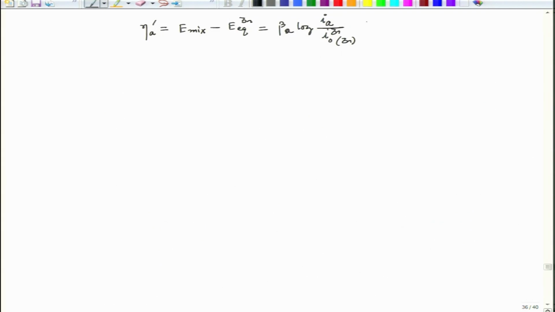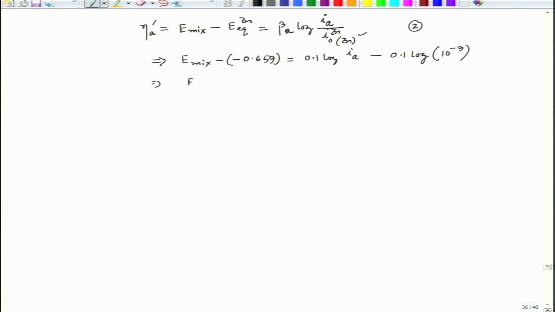So, in fact, I can write it, that means this is equation 2, which I can simplify: E_mix plus 0.659 equal to 0.1 log of I_A minus 0.1 log of 10 to the power minus 9, because this value is 10 to the power minus 9.